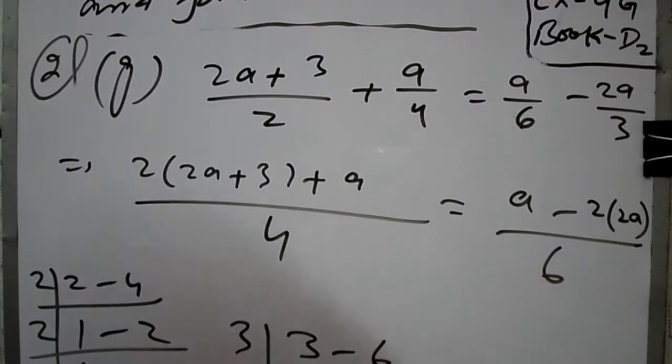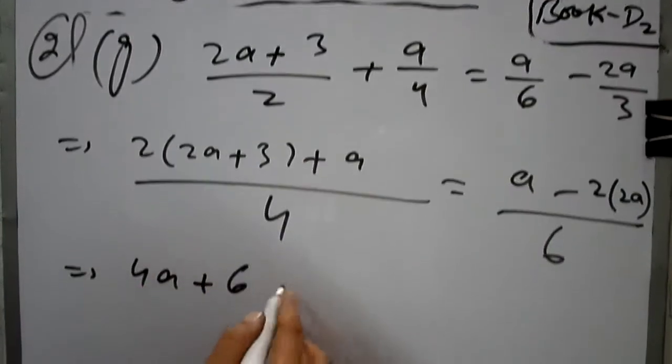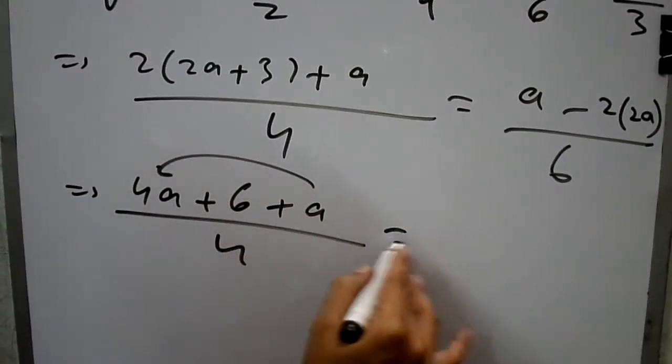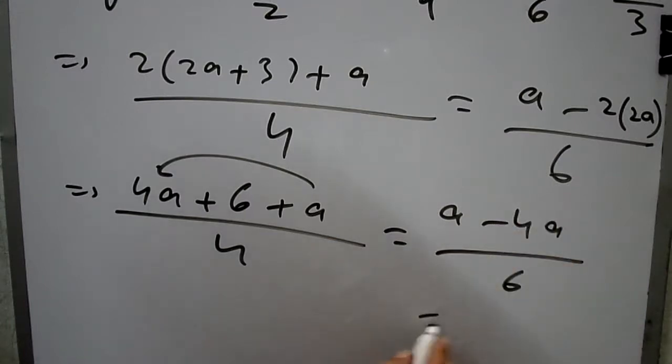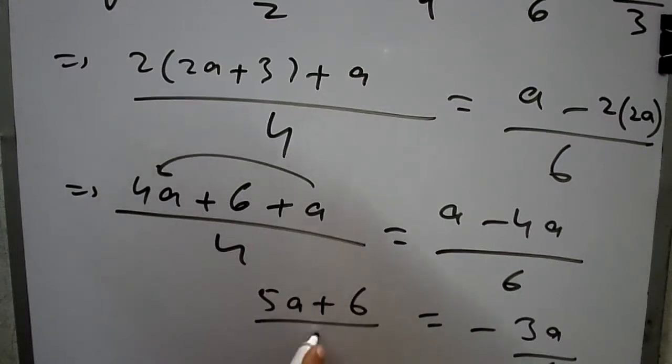So you can take the LCM, and after simplification you will get 4a plus a. So similar terms will be added. So after simplification you will get (5a plus 6) by 4.